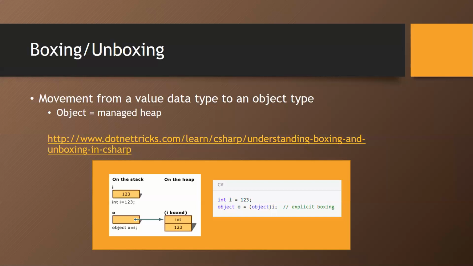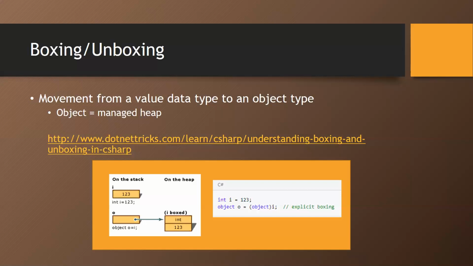So in this example code, we have an integer named I with a value of 123. When we cast this integer named I as an object named O, it becomes boxed. And that means that all of the information about this object is assembled and organized, and the data is placed on the heap.